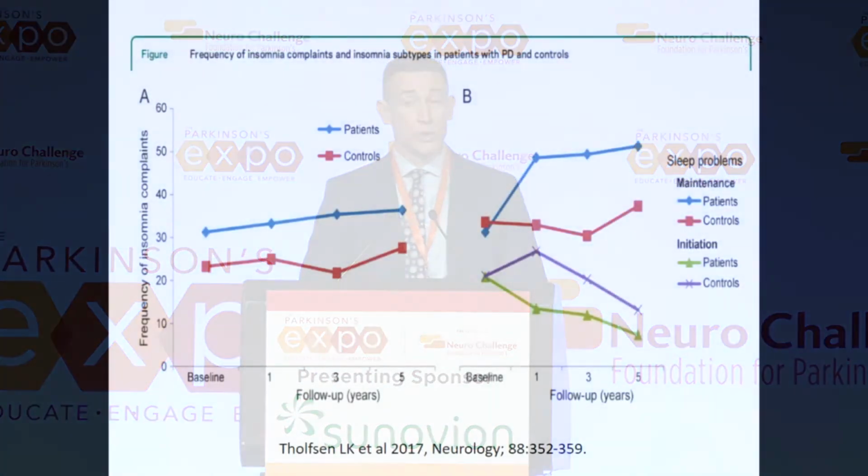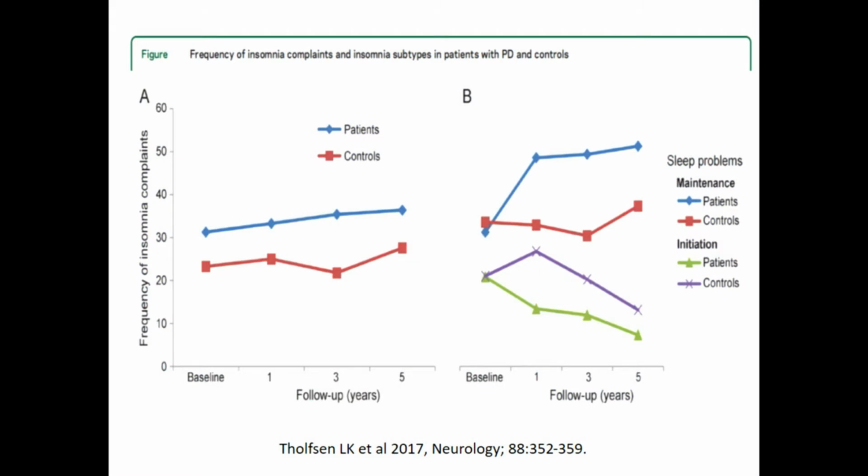Now, this is a study that looked at the evolution of insomnia over time, and patients were followed for 5 years. Controls are patients without Parkinson's, and individuals with Parkinson's are in blue. What you can see on the left-hand side is that over time, insomnia rates went up in both groups.